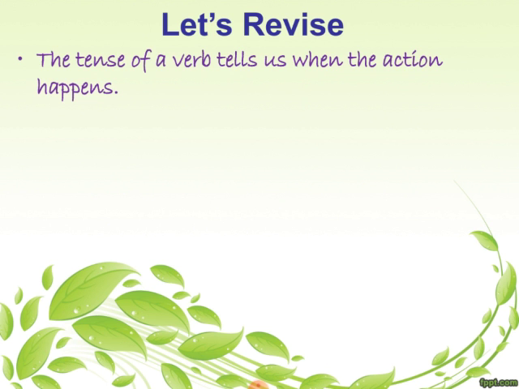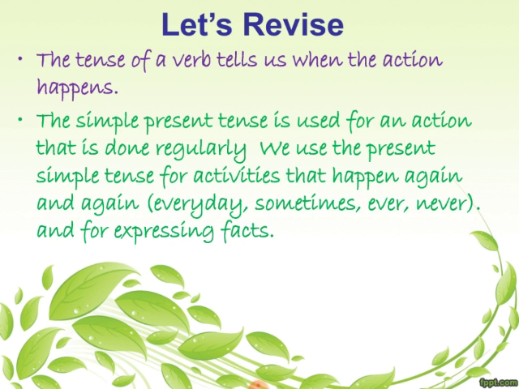What is a tense? A tense of a verb tells us when the action happens, whether the action took place in the past, whether the action is taking place now, or whether the action will take place in the future. So, what is the simple present tense? The simple present tense is used for an action that is done regularly.